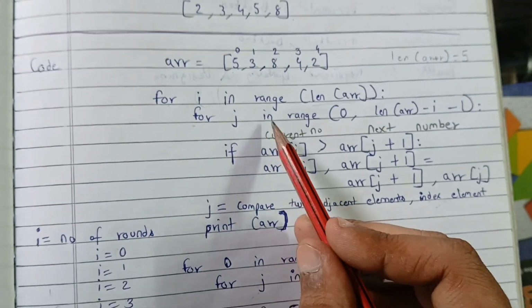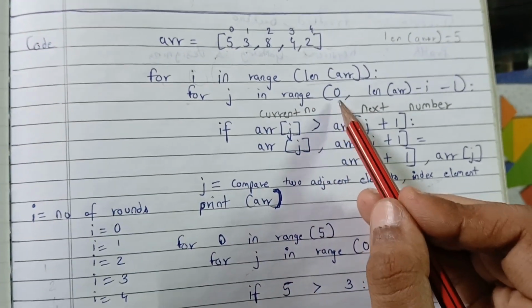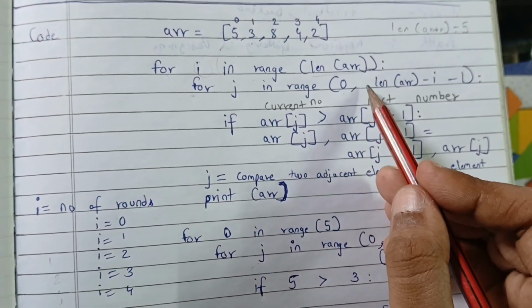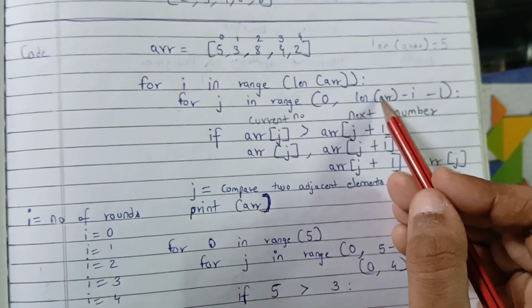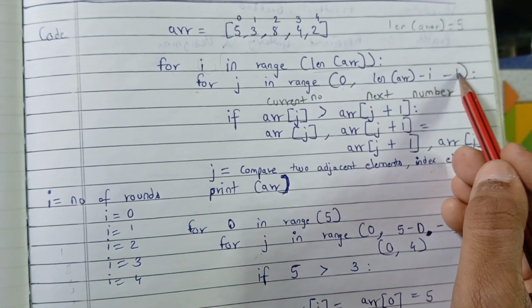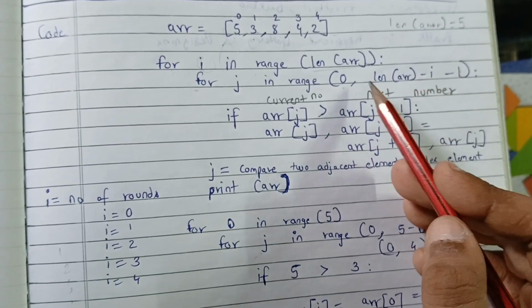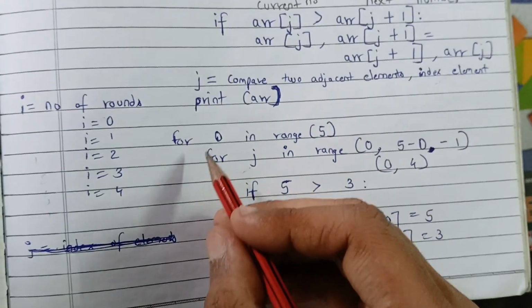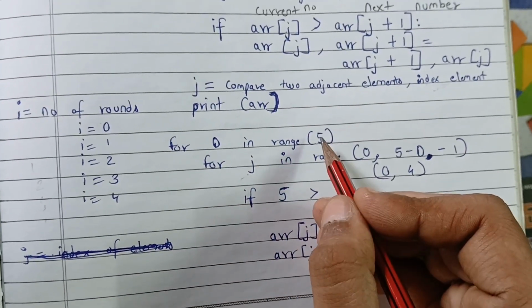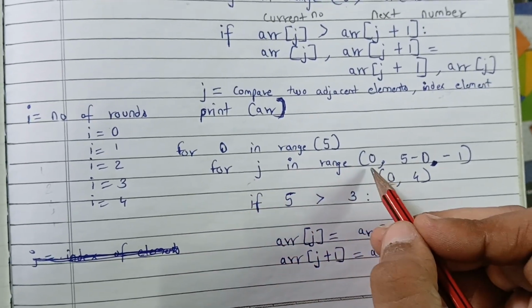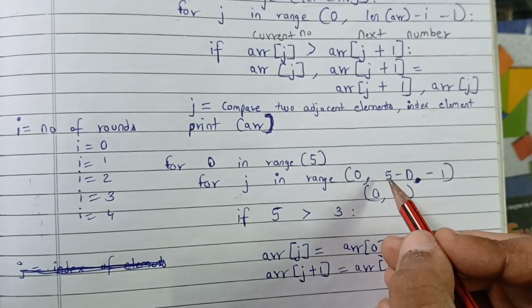For j in range 0 to length of array minus i minus 1, the length of the array we already know is 5, and i we take as 0 only. So for j in range 5 minus 0 minus 1, it will be 0 to 4.